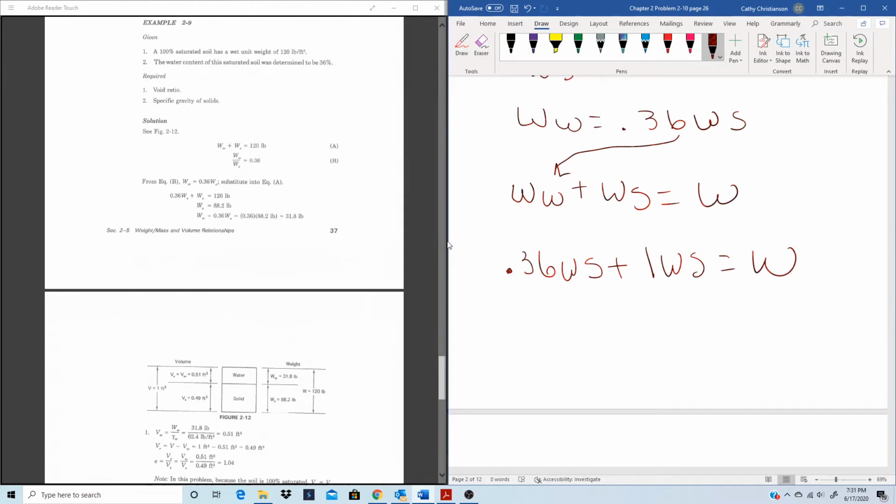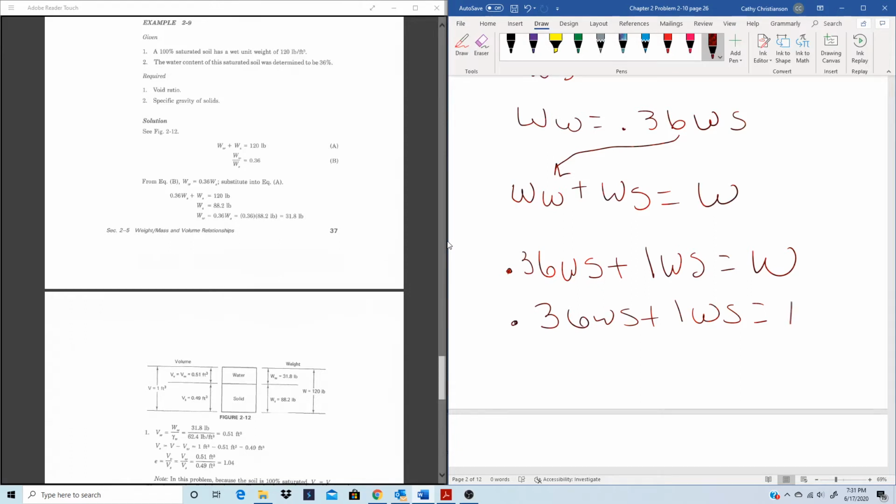So that's why we use water content, and then now we're using the weight of the solids, the weight of the water, and the weight. Okay, so we do have a weight this time. So that would be 0.36 WS plus 1 WS equals 120.